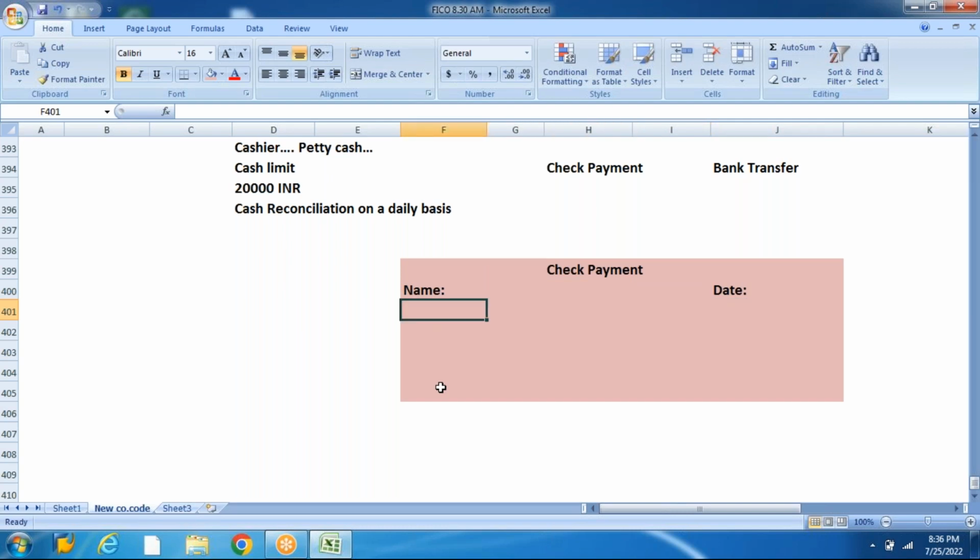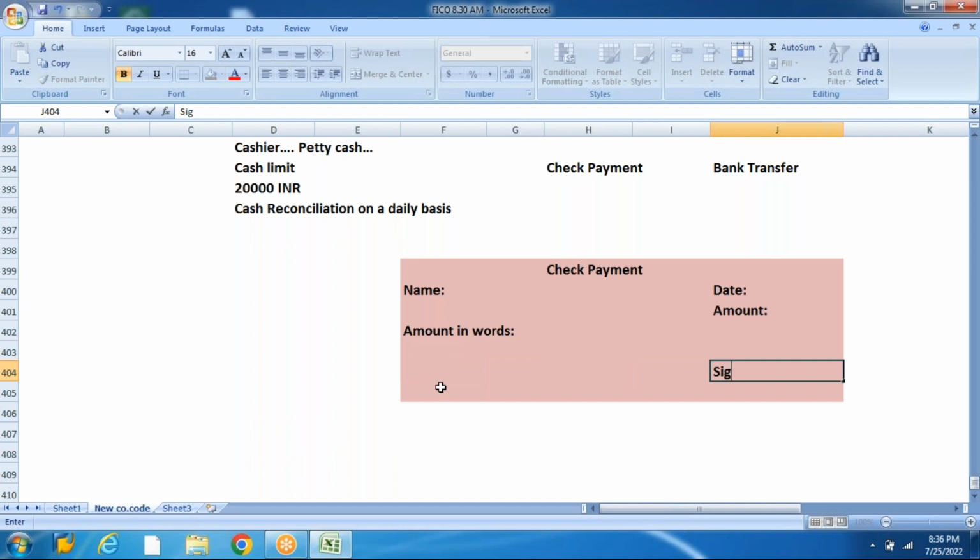You will find the amount here, amount in rupees, amount in words. Anything else? Signature. And the bank name, and down below you will have the check number, at the bottom.